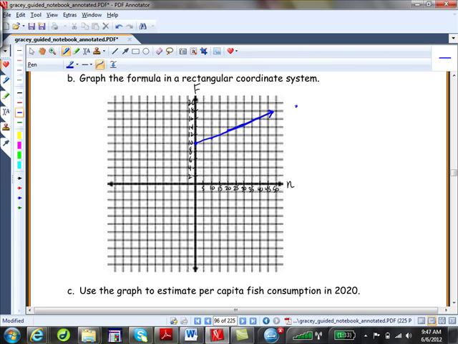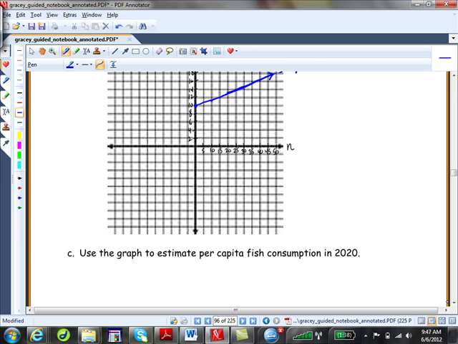That would be about up here. So I would guess from my graph, if we were to extend this line, we'd be at about 19. There are different ways, so approximately 19 pounds.